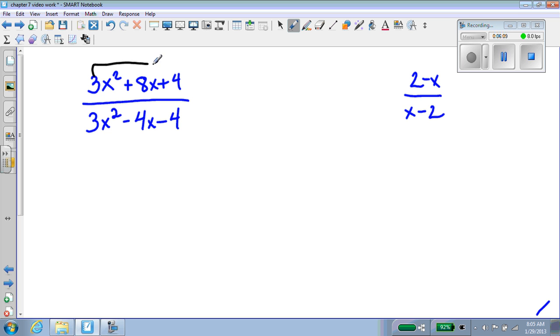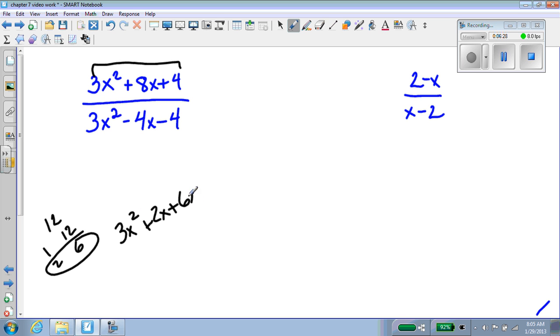Okay, so I'm going to try and factor. So that's 12. A little scrap work here. So 1 and 12, 2 and 6, that's the pair I want. So my numerator looks like 3x squared plus 2x plus 6x plus 4. A little bit of grouping.